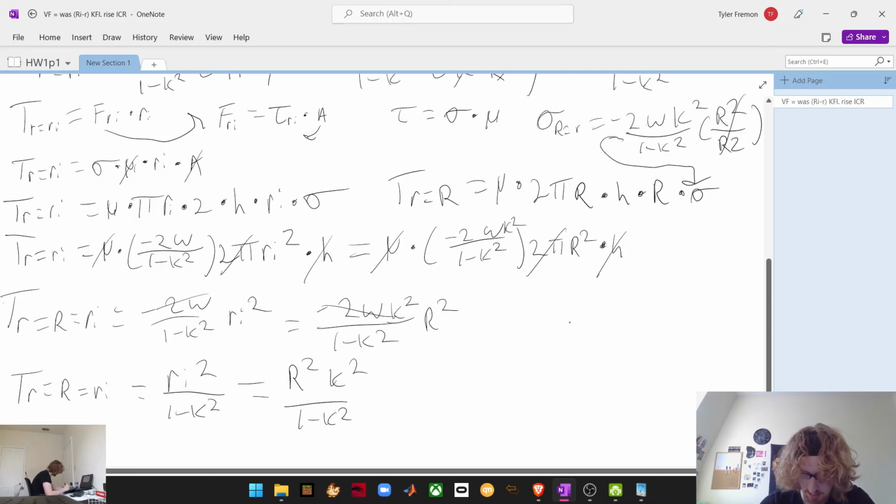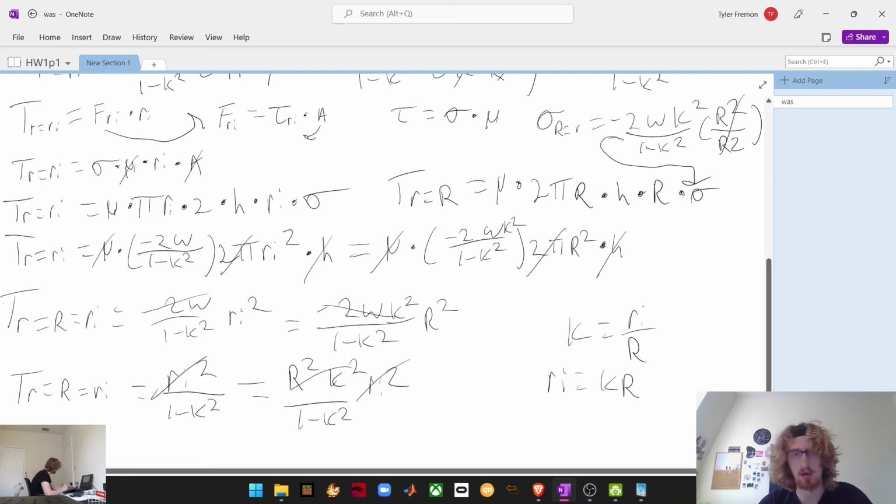And as we know before, k equals the ratio of the inner to the outer radii, and so we have Ri is equal to k times R. So this can be replaced by Ri, and there we have it. The torque at the inner radius on the inner cylinder is going to be equal to the torque on the outer cylinder.